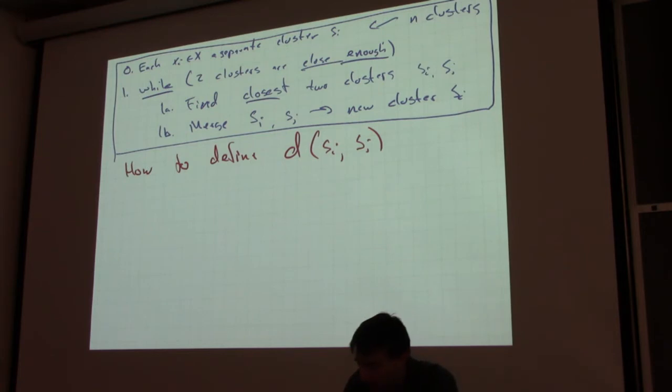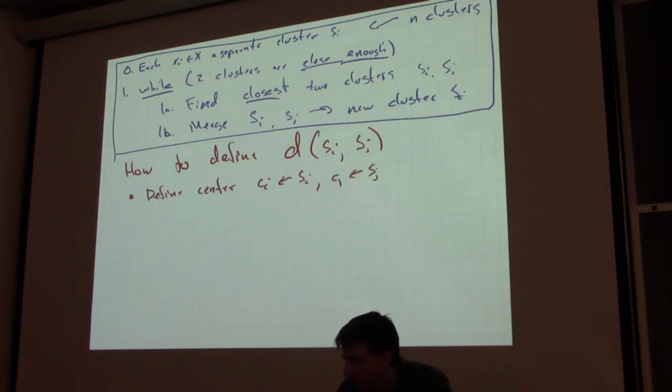So good. Okay. So the first class of solutions is to define a center. We'll call this Ci of each Si, and the same for Cj, Sj, and then use the distance between Ci and Cj.